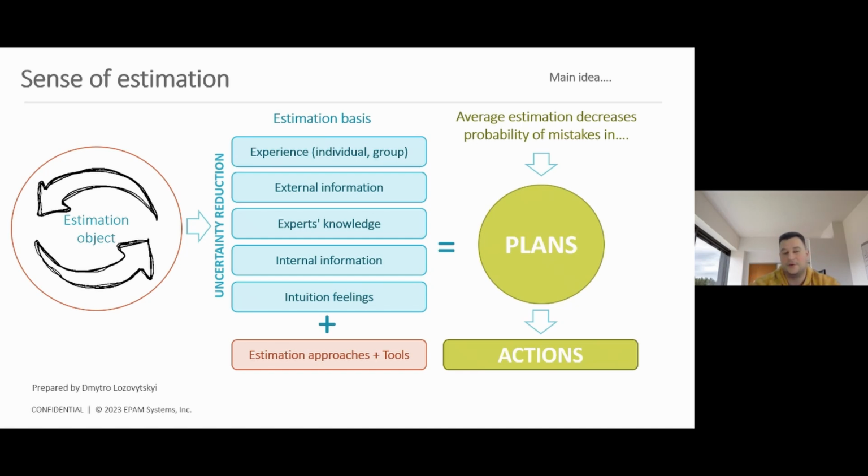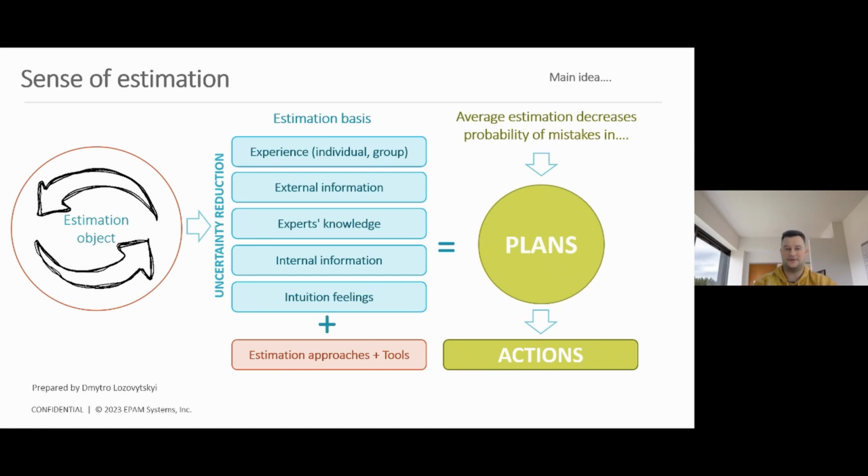So what does the estimation process mean for us generally? On the first step, we need to understand the object of estimation. Based on this understanding, in a parallel way, we need to understand what kind of estimation basis, or informational source, we can operate with to get a more precise, more complex overview of the context of this estimation object's usage.